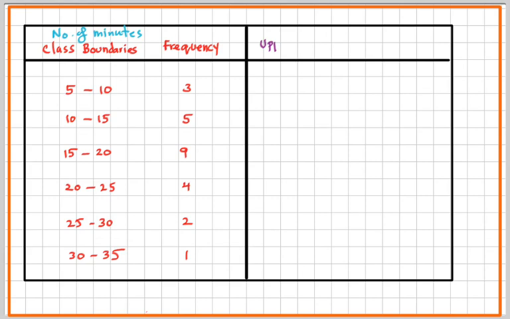Now what I'm doing now is that I'm taking the upper class boundary of each class, which is 10, 15, 20, 25, 30, 35. And I'll make a column for cumulative frequency. Cumulative means added up.